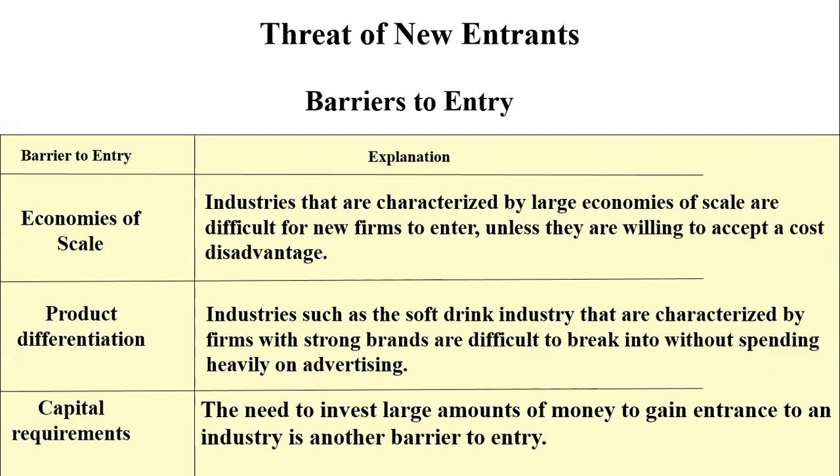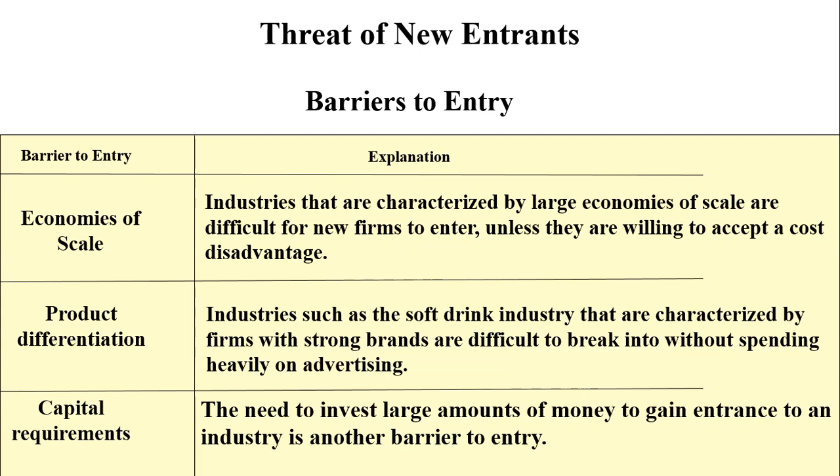And new entrants, because their financial muscle is not that strong or their pocket is not that deep, will not be in a position to produce in these huge quantities. And for that matter, economies of scale will become a barrier for them, especially when there is a need for them to produce in large quantities before they can reap or get a share of the profit pie.